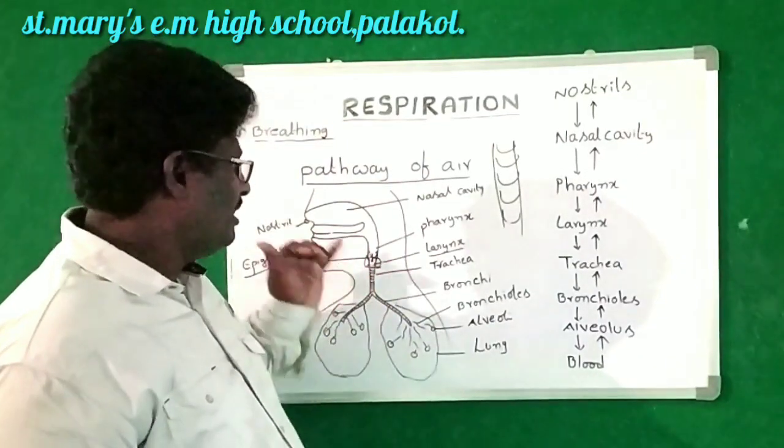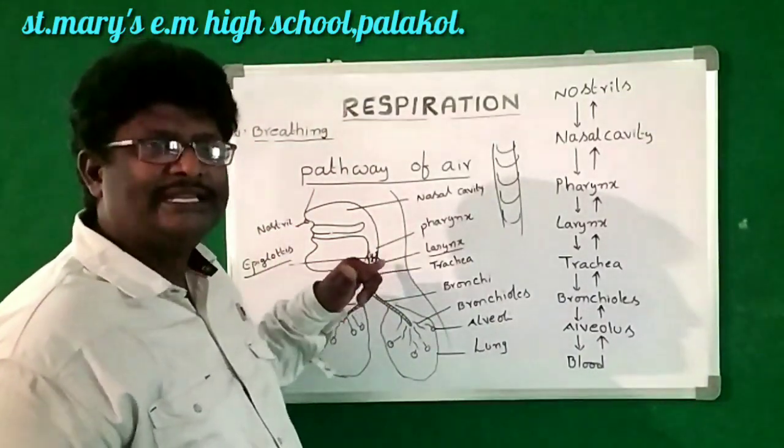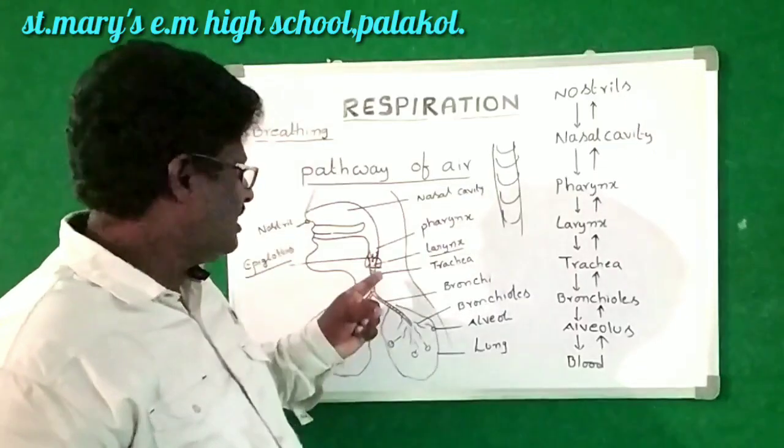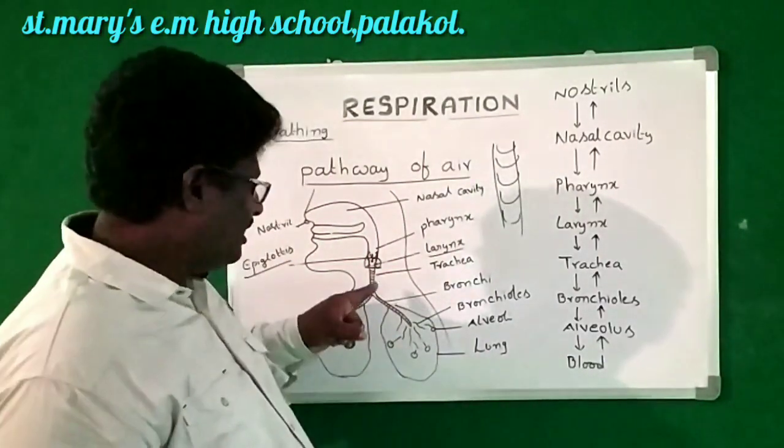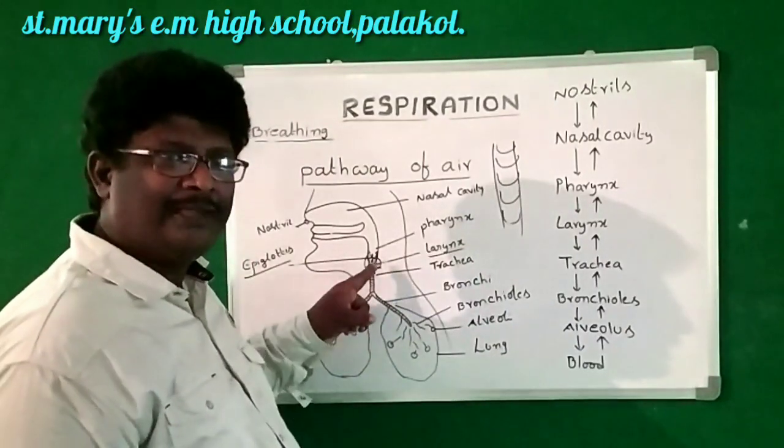So when the air enters the pharynx, from the pharynx the air enters the larynx, and from the larynx the air enters the windpipe.